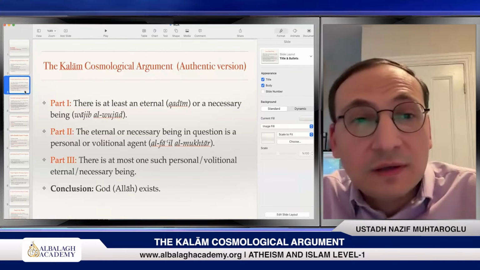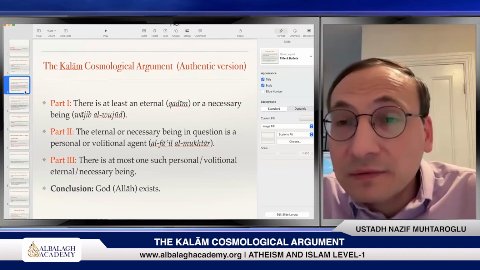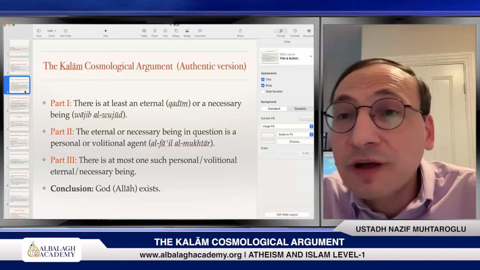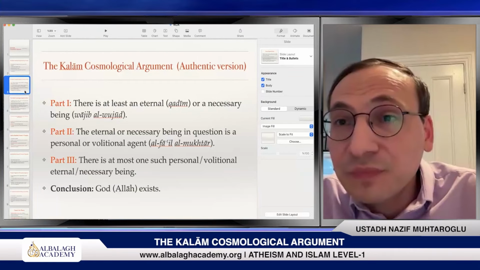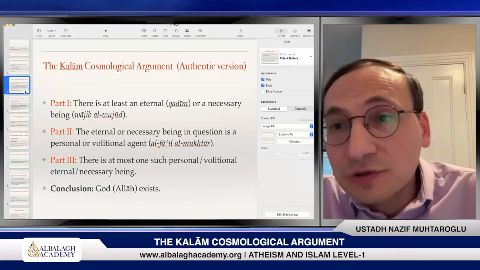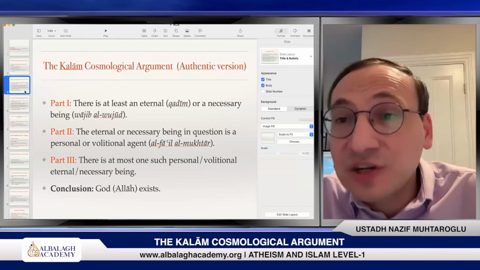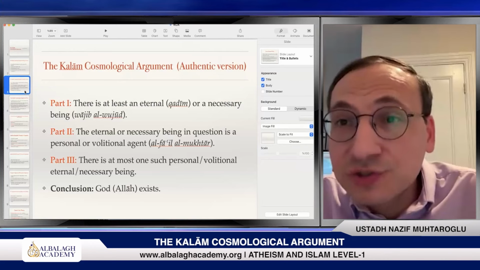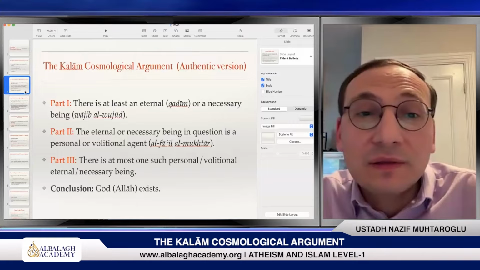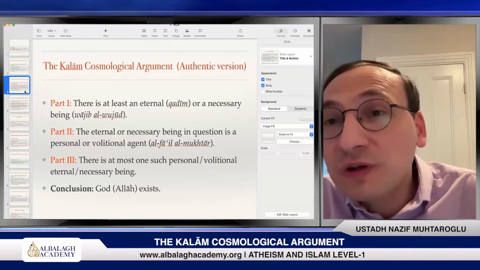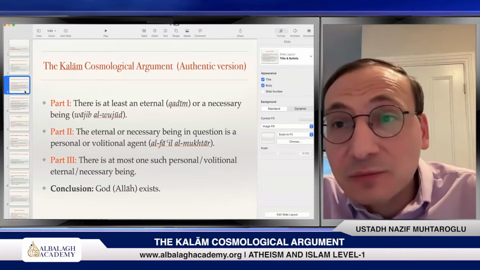Consider the concept of God in the philosophical systems of al-Farabi and Ibn Sina. Certainly they describe this God with will, power, and knowledge, but their concept of will is not exactly the same as the mutakallimun's concept of will.